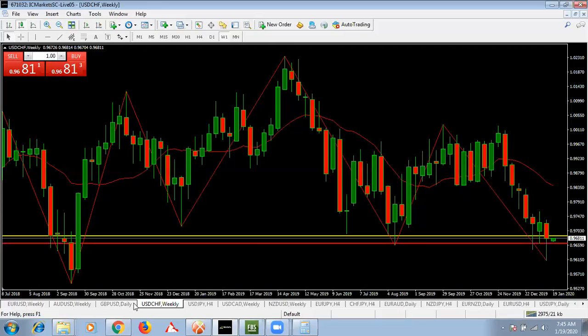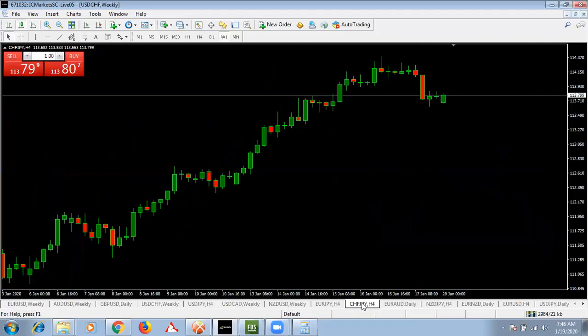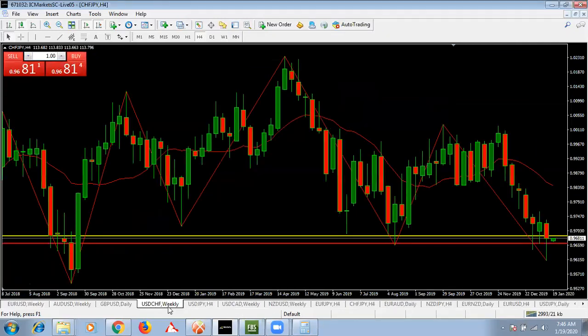So that is my bias for USD CHF and also CHF JPY. I've observed that USD CHF and CHF JPY have kind of a negative correlation, so they always move in opposite directions. If USD CHF is buying, then you expect CHF JPY to drop.